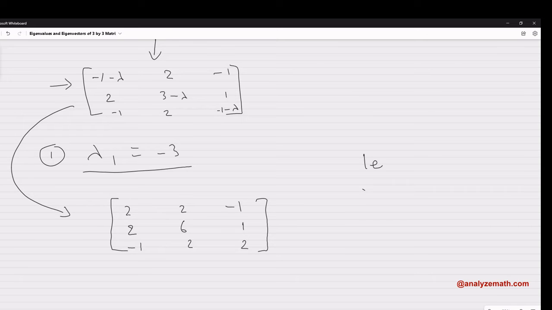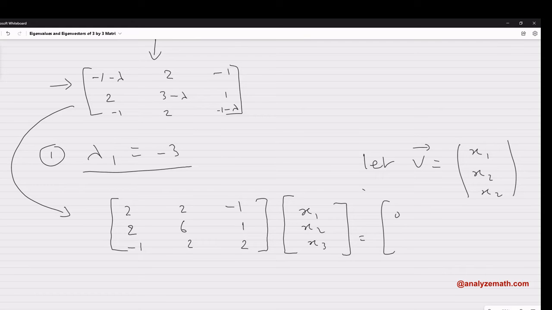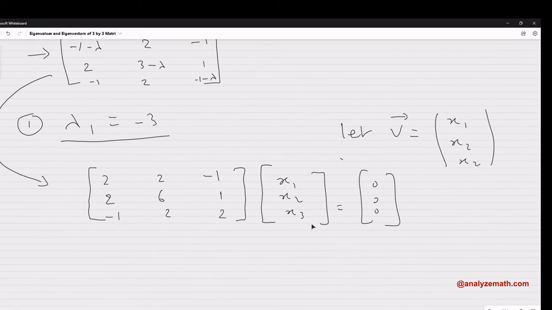Now let V, the vector we're looking for, be a 3 by 1. So let's call the components x1, x2, and x3. Now when you put it here, x1, x2, x3 is equal to 0, the vector with 3 components. Good.